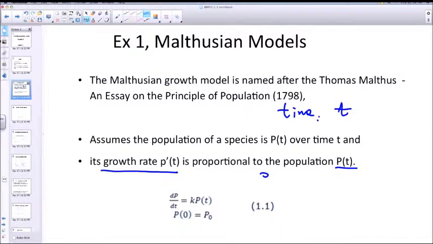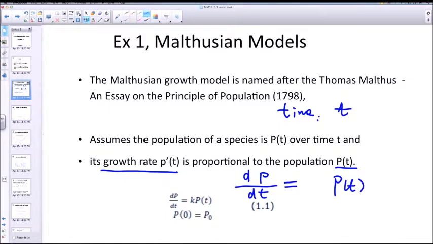Well, then we write it into a differential equation. The growth rate is the change of the population over the change of time, and that equals the population times k.